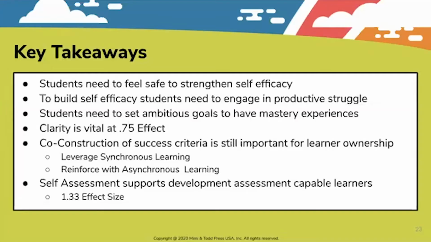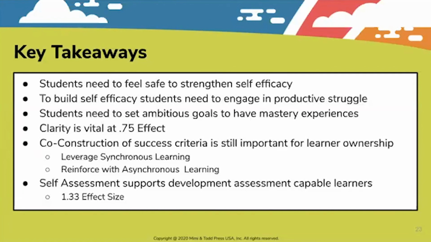To build self-efficacy, kids have to engage in some struggle and even some failure. Kids need to set ambitious goals that they might not have set, but the more ambitious the goal that they set, the higher chance that we have of strengthening their efficacy if they achieve it.